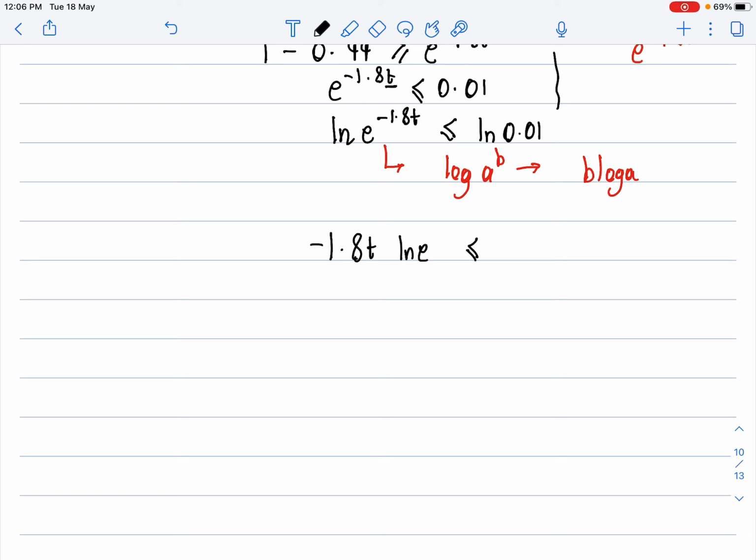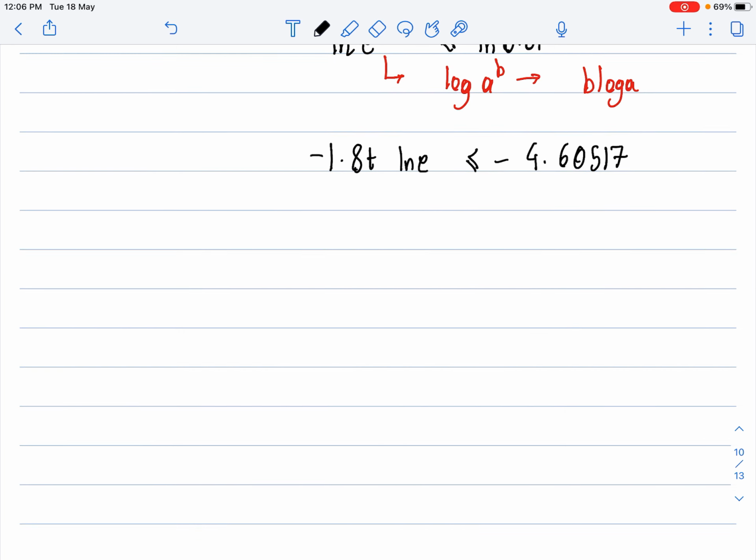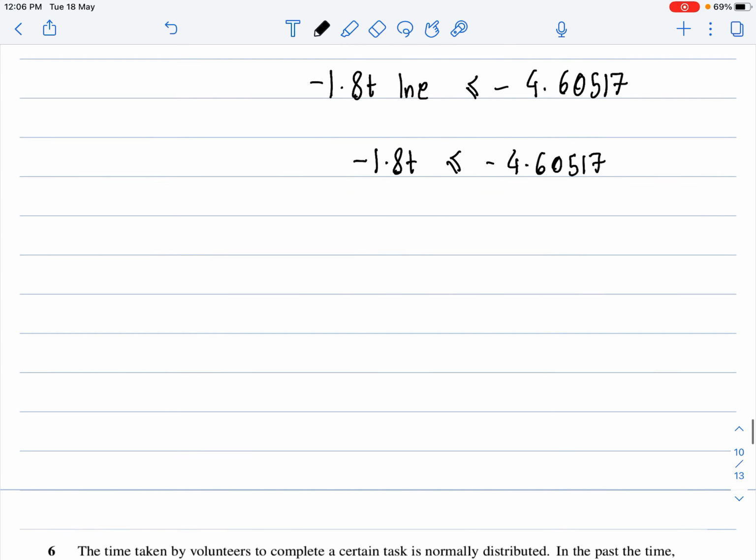On the calc, I get minus 4.60517. And I know ln e is basically 1. So this is 1.8t, which is less than equal to minus 4.60517.